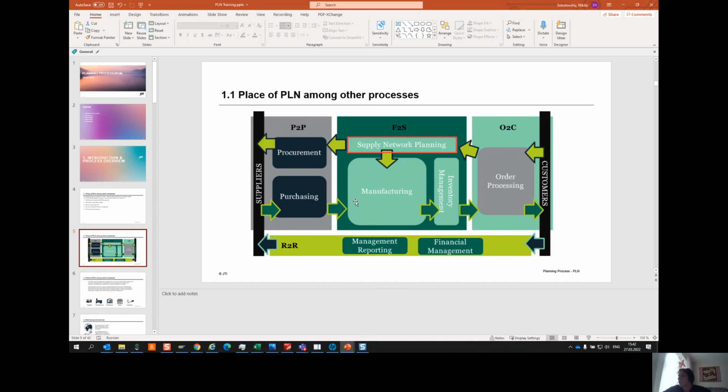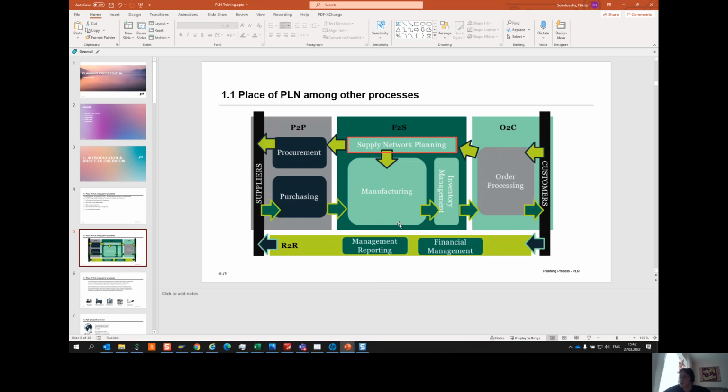When we ensure that we have all that, we also need to check what we have in our stocks, how many already produced finished goods we have in the warehouses or directly at the plants, for example. It is controlled by the inventory management module.